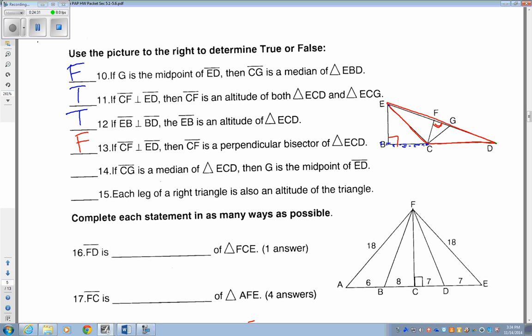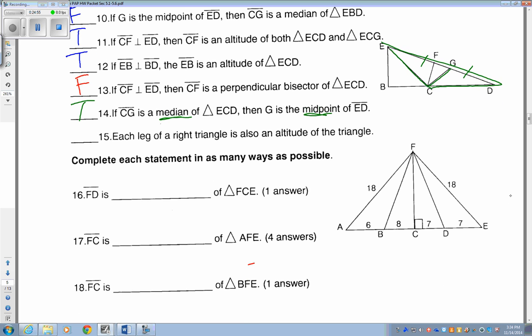If CG is a median of ECD, then G is the midpoint. Yep, it's true. For it to be a median, it has to go through the midpoint. And then the last two, each leg of a right triangle is also an altitude of the triangle. That is true. Okay?